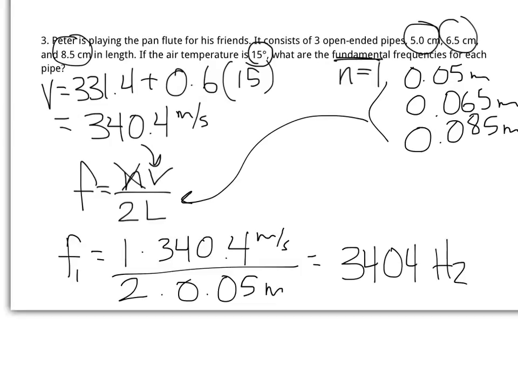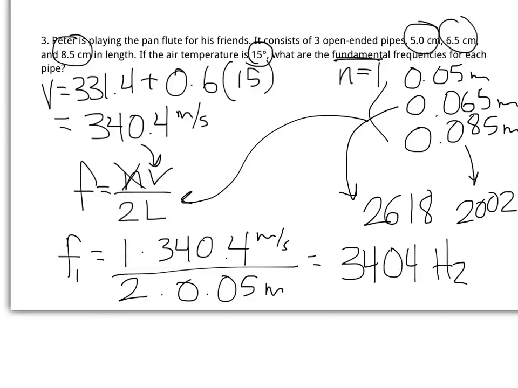As we extend the length of those open pipes, we would expect the frequencies to go down, and in fact for the 0.065 you should calculate 2,618 hertz, and for the 0.085 2,002. And again, you're just swapping out the length in this equation for those new numbers.